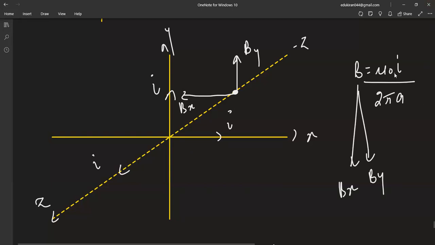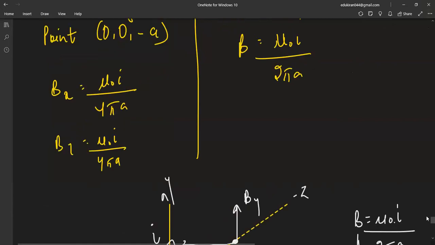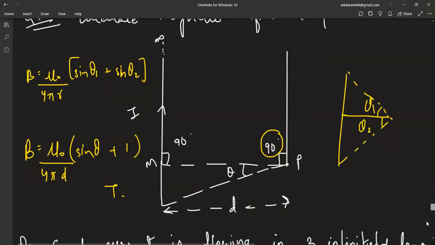Both the angles for x-axis will be 0, 0, and for y also 0 and 0. Now when you are calculating it for the x-axis, this is going along the negative side. This is the negative axis, this is the positive axis. So this is minus i cap, the negative x-axis.